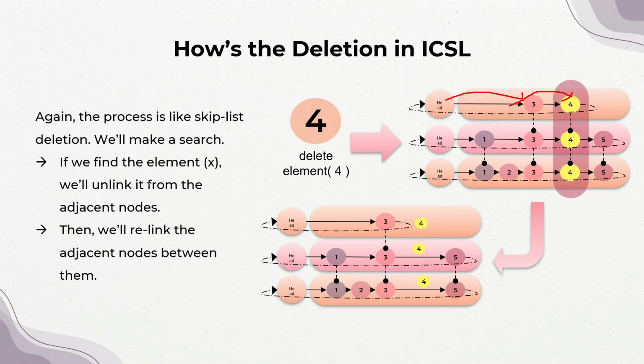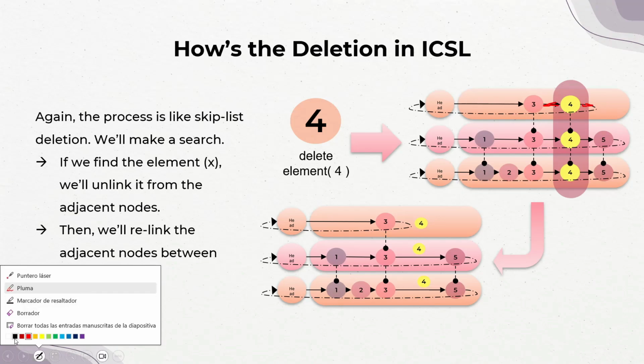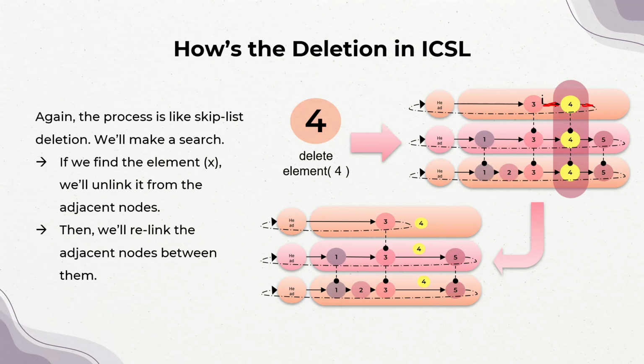If we find the element X, we unlink it from the adjacent nodes. We delete this connection here and this connection here, and we reconnect the nodes to the adjacent elements. So the 3 will point to this and we continue to the head.